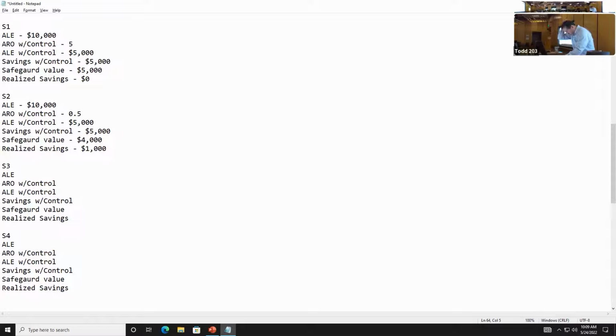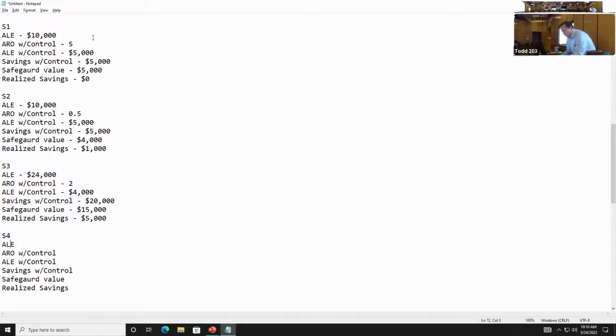All right, scenario 3. What's our ALE for this one? 24,000. What's our ARO with the control? Okay. What is our ALE with the control? 4,000. What is our savings with the control? Is it 20,000? And the safeguard value is 15,000, meaning my realized savings is 5,000.